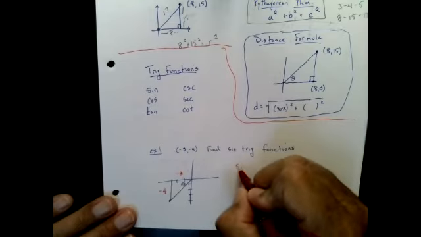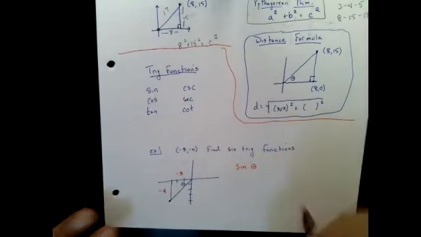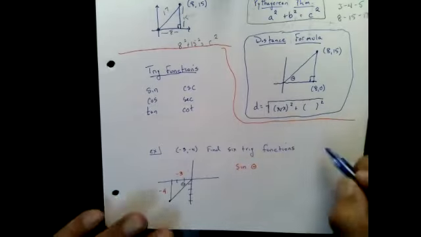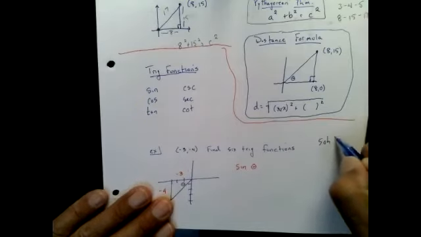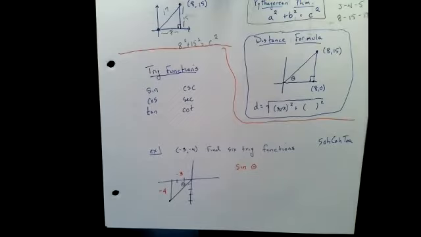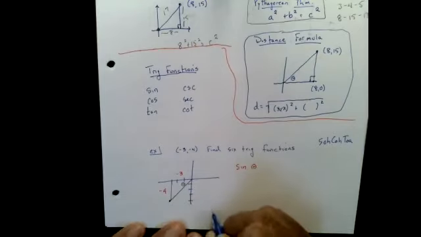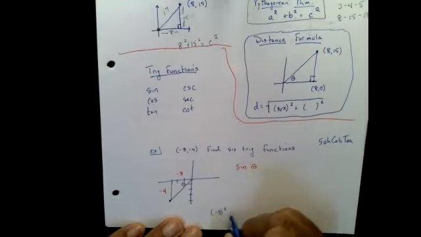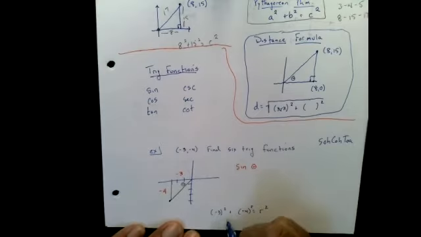So if I want to get ready and find the sine of theta, so SOHCAHTOA. I need to find the hypotenuse yet. All right, how do I do that? -3 squared plus -4 squared equals, we're going to call that R squared. 9 and 16 is 25.